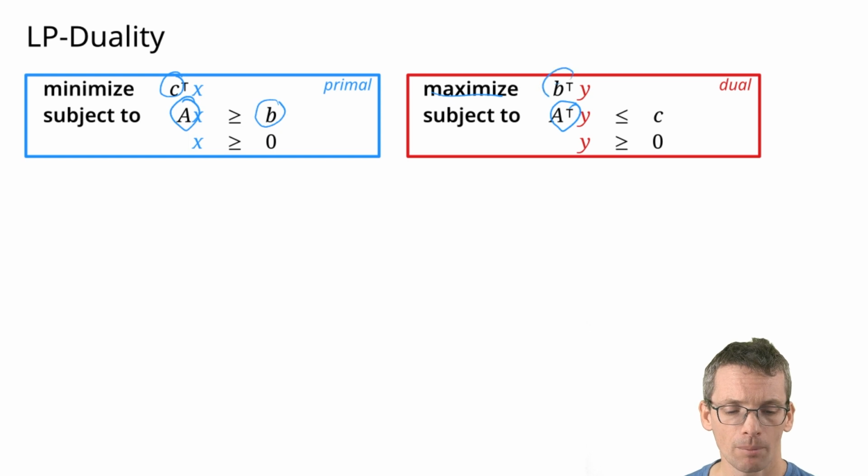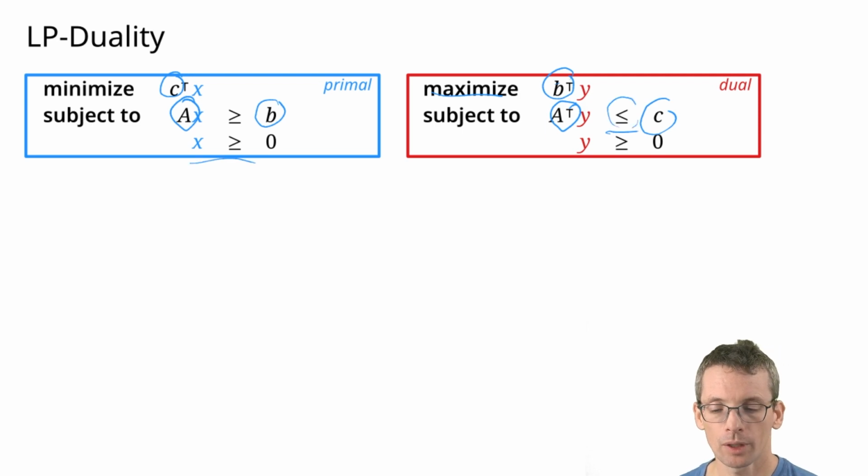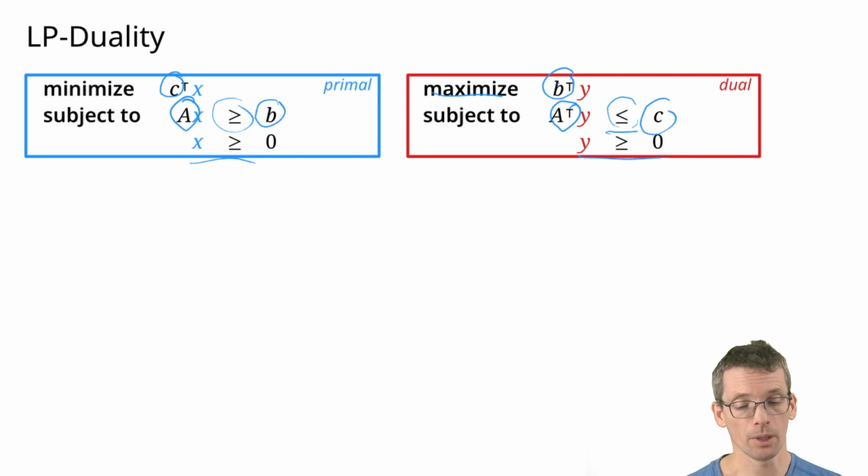So I get B transposed here for the objective function in the dual, and C now as an upper bound in the constraints. And if I have x larger equal 0 here, then I get an upper bound here, and the larger equal here implies that I also have non-negative dual variables. Yeah, so this is a dual program to an LP in this form.